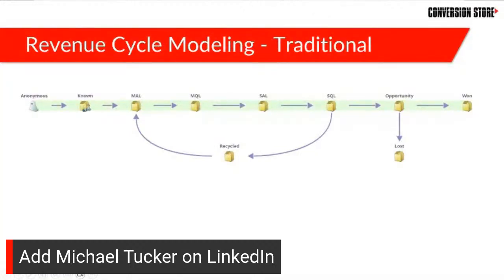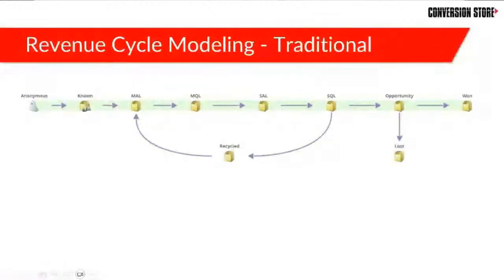As people move through being anonymous and then being acquired, known in the database, being marketing accepted, marketing qualified, sales accepted, sales qualified, and ultimately going through a purchase opportunity and then deciding whether you are closed won or closed lost.